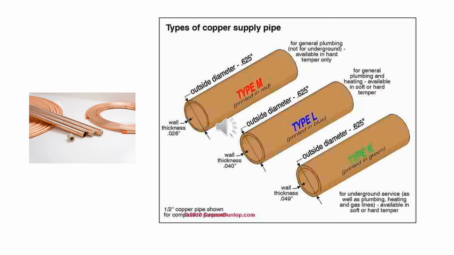As an example, you want to order 5 20-foot lengths of 5/8 inch ACR and 5 20-foot lengths of ½ inch Type M. You would tell the person how many and the length of pipe, the size, and then the type. So you would tell the person at the supply house, I need 5 20-foot lengths of 5/8 inch ACR and 5 20-foot lengths of ½ inch Type M copper pipe.